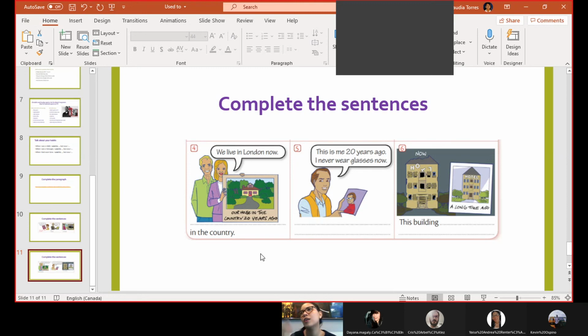Maybe he got a surgery, and he no longer needs glasses.